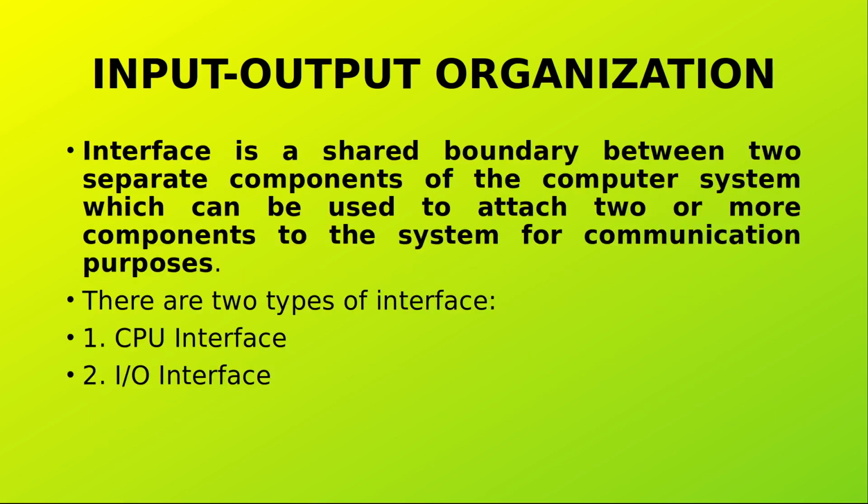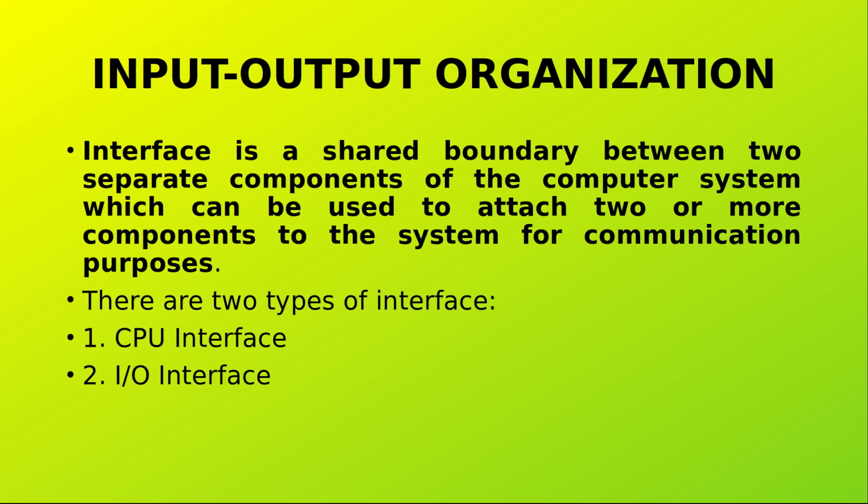Next, the interface. There is an interface between the computer and the peripheral devices, because the peripheral devices are totally different from the CPU. Later we will see the differences between the CPU and the peripherals.